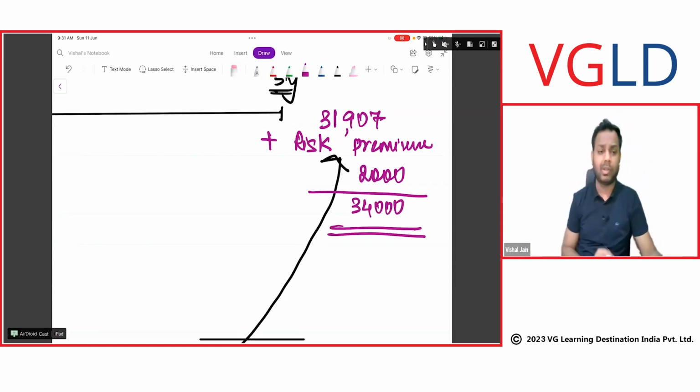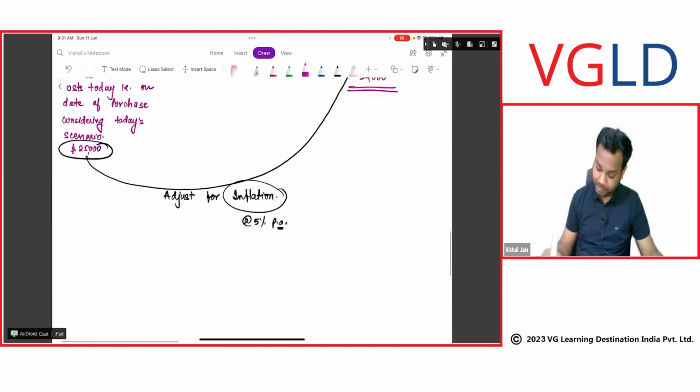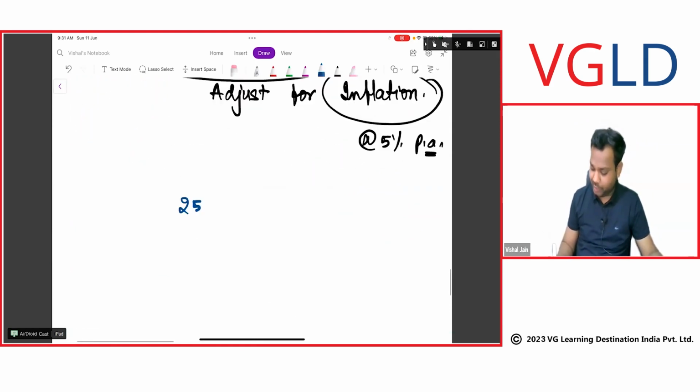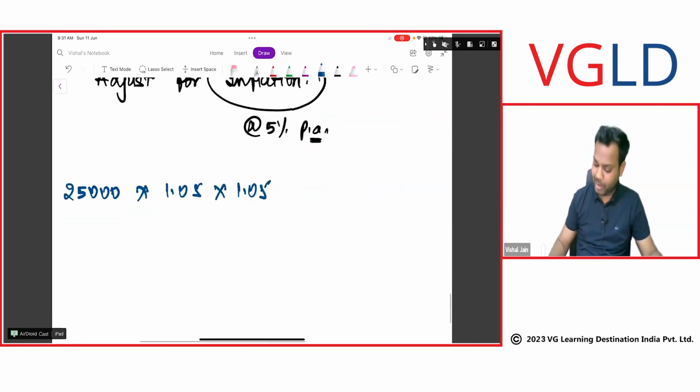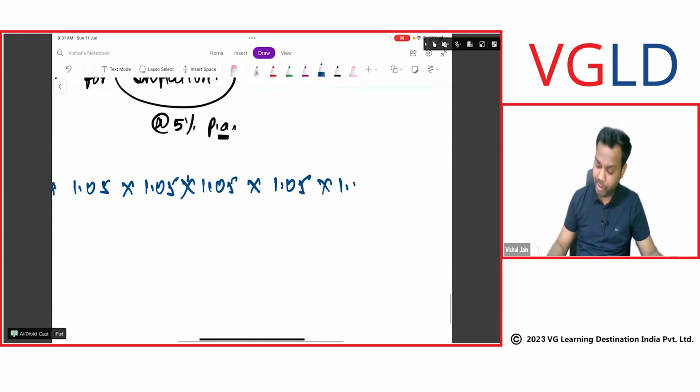Now how to calculate this? 25,000 multiplied by 1.05 five times.